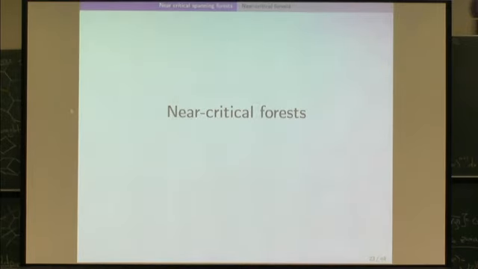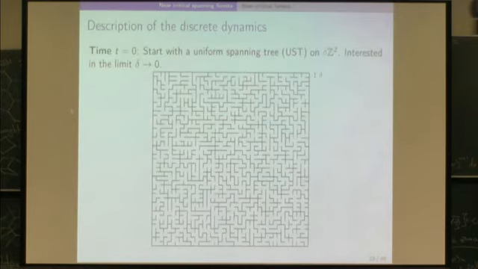So let me now introduce the model that we are considering around the uniform spanning tree. We consider a dynamics where at time t equals 0, we start with a uniform spanning tree on delta Z2. And keep in mind that we will always be interested in the limit as delta goes to 0.